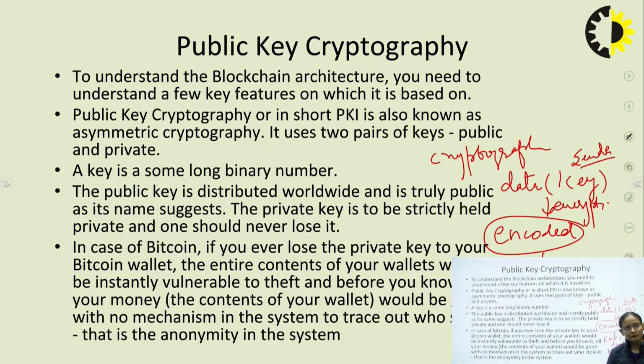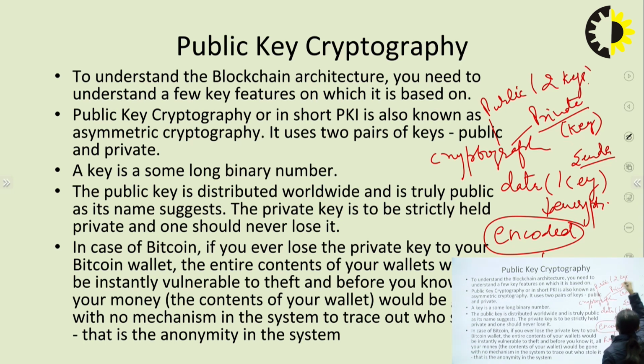When we talk about cryptography, we have two categories. One is public and the other is private. In the case of private key cryptography, we have only one key, whereas in public key cryptography, we have two keys, one public and the other private.